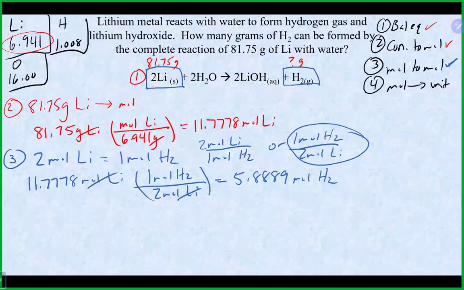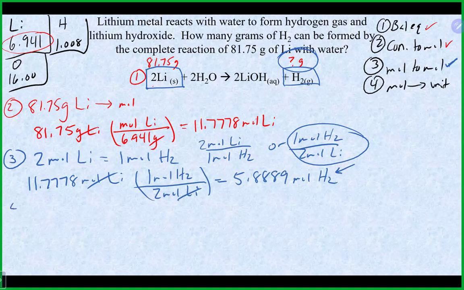Now, in this particular problem, we are looking for grams at the end. So we do need to do step number 4. We do also need to again realize at this point we're no longer dealing with lithium. We have now done our stoichiometry, and now we are dealing with hydrogen. So in order to go from moles in this case back to grams of hydrogen, we will need the molar mass of hydrogen.